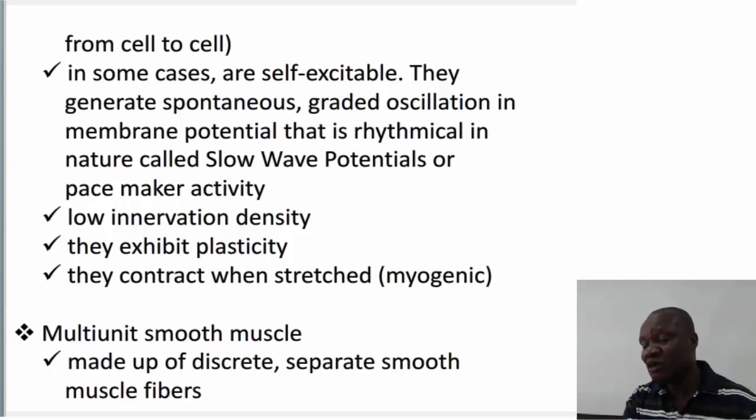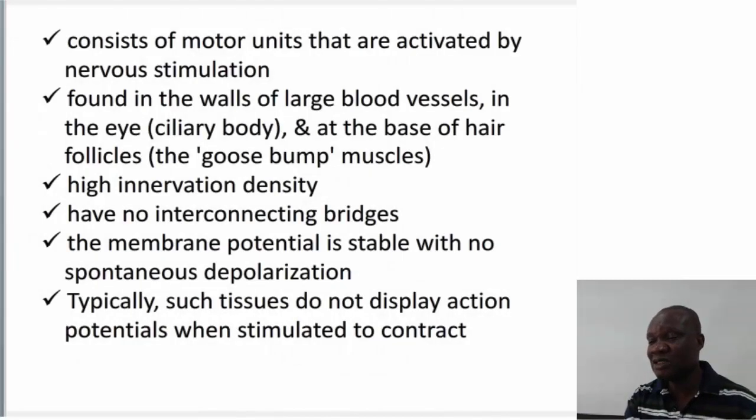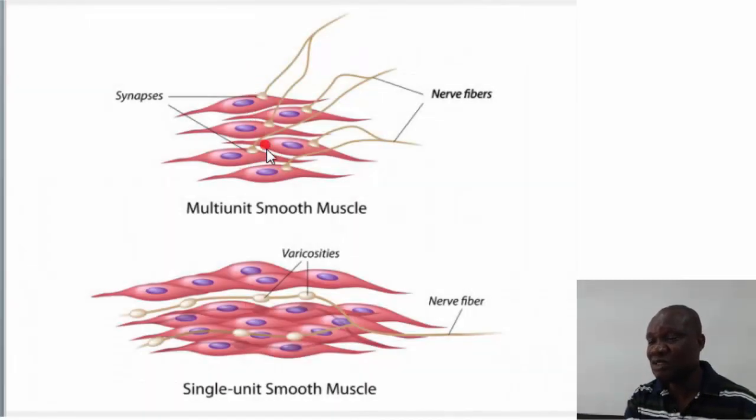Now, the multi-unit smooth muscle, which is the second type of smooth muscle, is made up of discrete individual fibers, right? And they are highly innervated, and they have a resting membrane potential. They don't need to generate an action potential to generate a response.